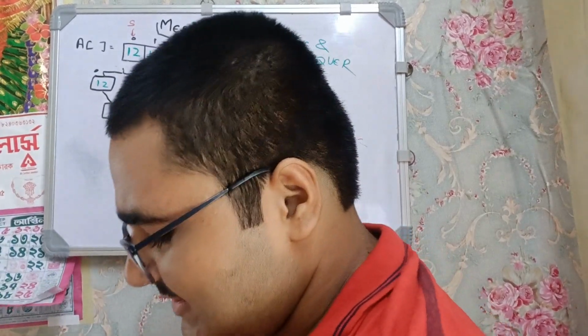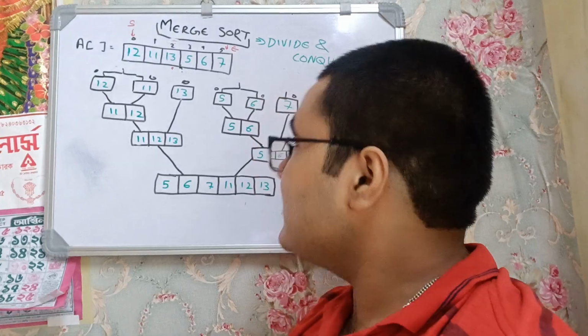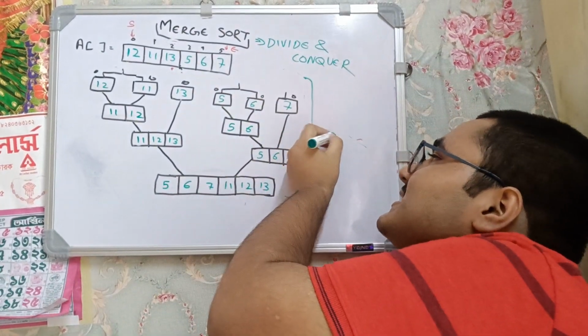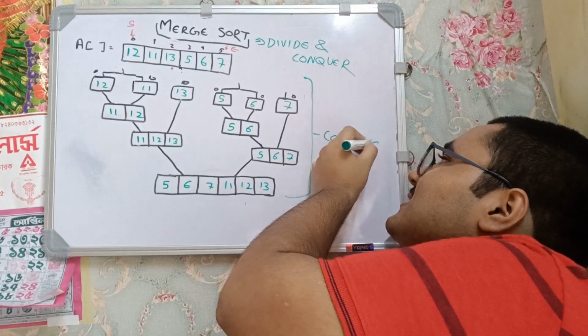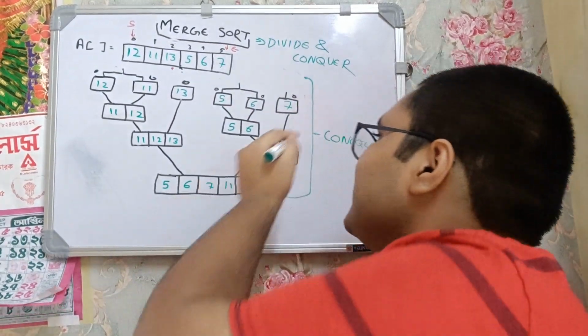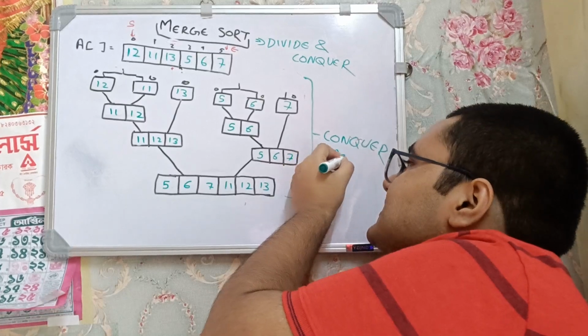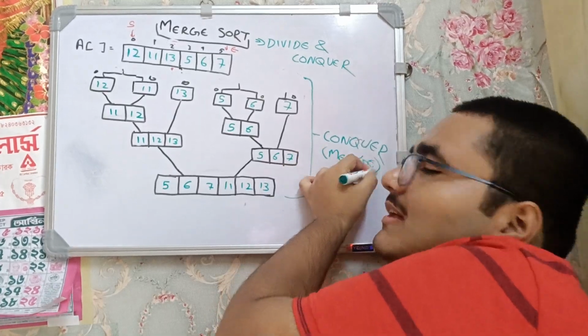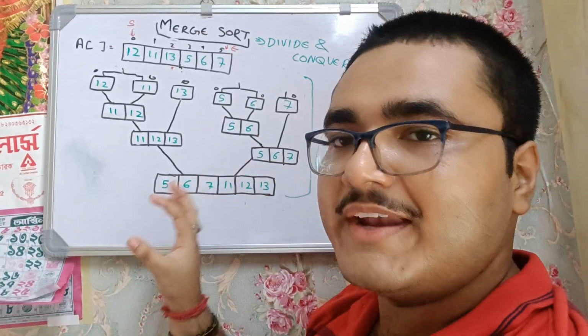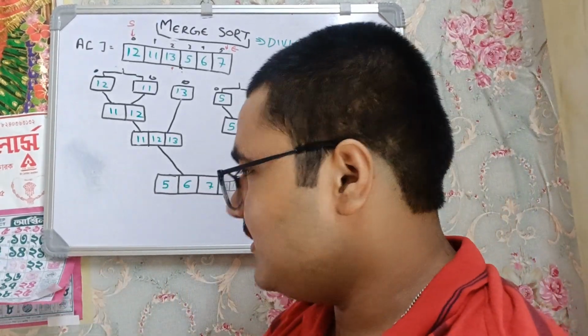You can also say this is the conquering step. Divide, and then conquer, or here you can say merge. That is why the name merge sort: merging the whole array in a sorted manner.